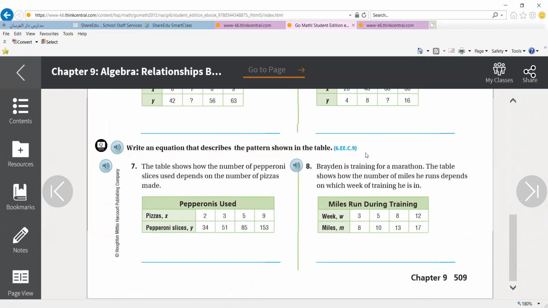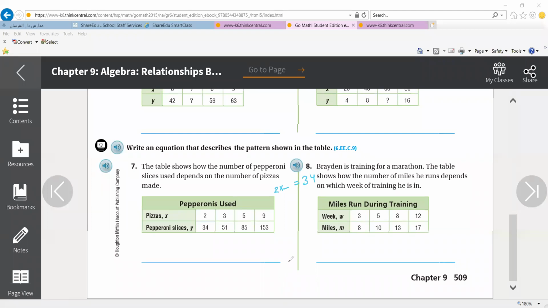The table shows how the number of pepperoni slices used depends on the number of pizzas made. Write the equation. Now, 2 and 34. What do you think? When do you get 34?